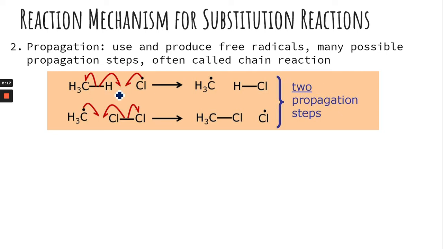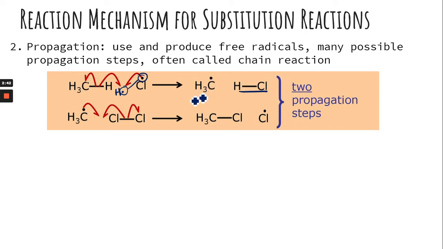And then that hydrogen radical is going to form a bond with the chlorine radical. So we have those two unpaired electrons being paired, and that's how we're getting the HCl molecule. And then we're forming this methyl radical because we have the CH3, and then we have that unbonded or lone electron left over for the carbon.